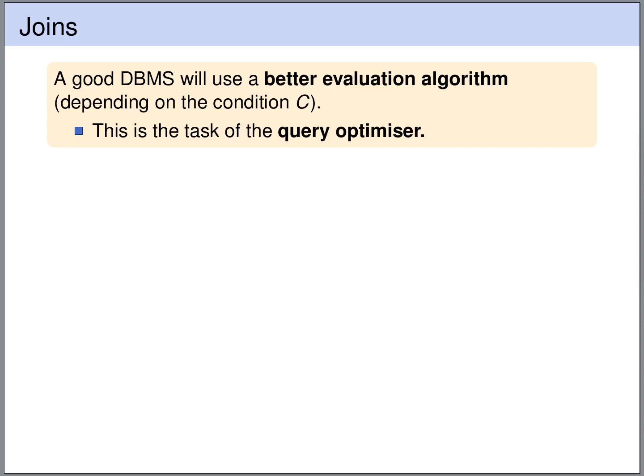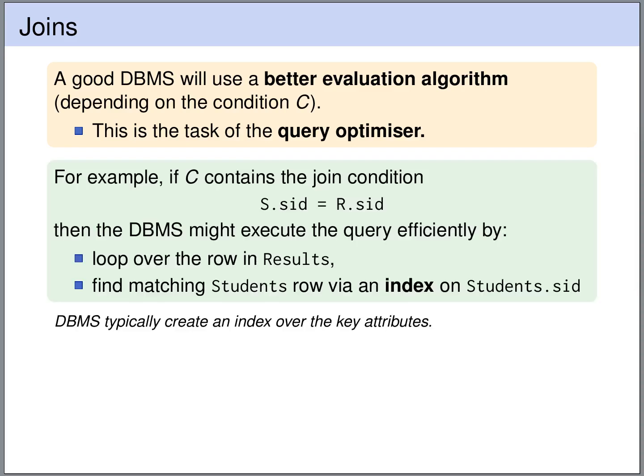So in particular, imagine that the where clause contains the condition s.sid is equal to r.sid. A database management system usually builds index structures for efficient access over key attributes. The sid is a key attribute for the students table. So given a sid, the database management system can use these index structures to efficiently retrieve the student with a particular sid.